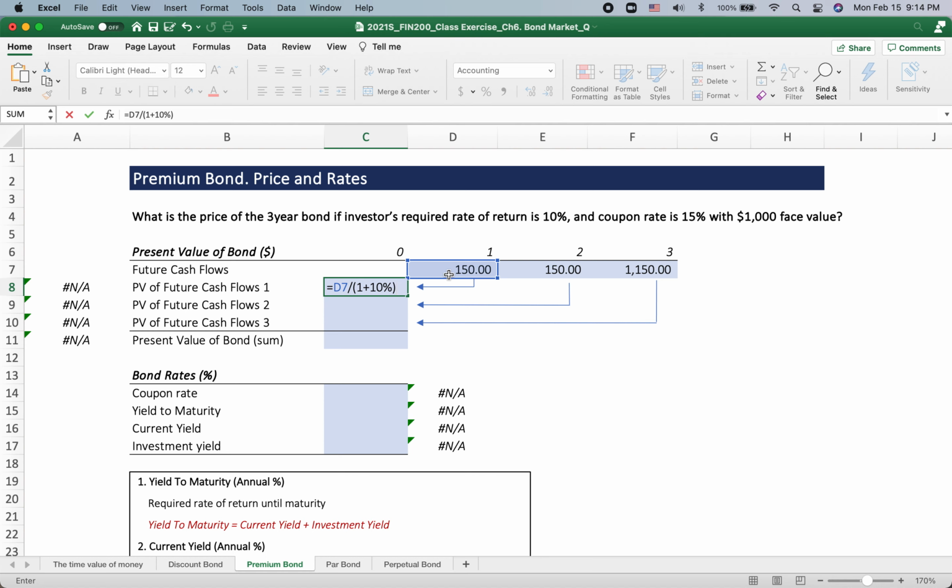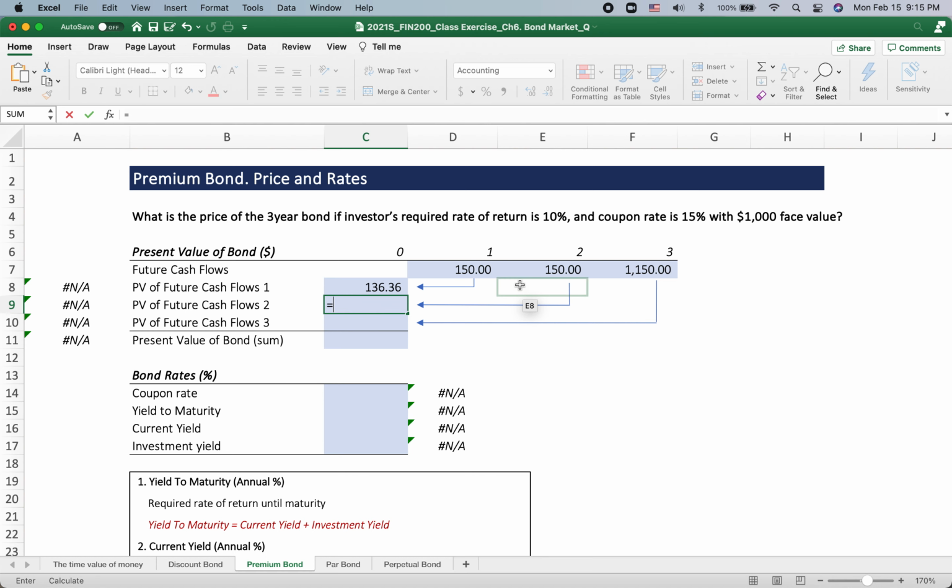In this case, we use this 10% as the discount rate. Then we got 136, because the $150 in a year is not the same value today. It should be lower, so that we get the interest, the difference between the two, right?